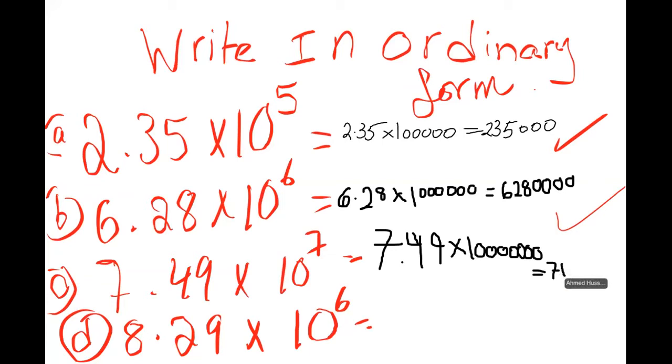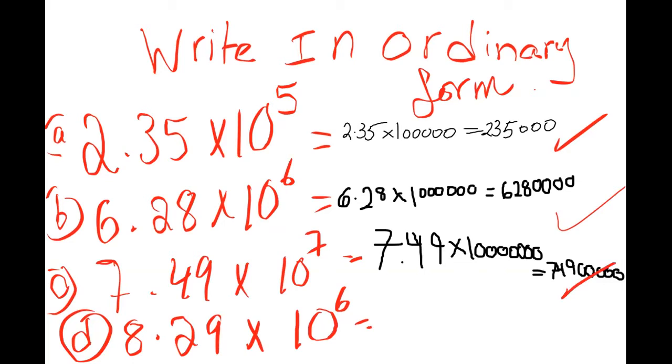So 10, 1 and 7 zeros. So how many zeros do we need? We have 2 decimal places. So we need 7 minus 2, which is 5 zeros. Yes, 1, 2, 3, 4, 5. Yes, thank you.